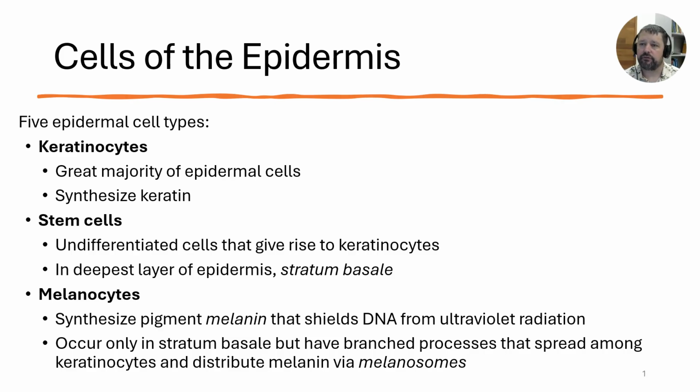One of the things I want you to know about UV radiation is that, of course, it's important for the production of vitamin D. But when a UV ray makes it through and hits a cell that has a nucleus with DNA in it, and it's not protected, that DNA can form bonds on the edges of the double helix.